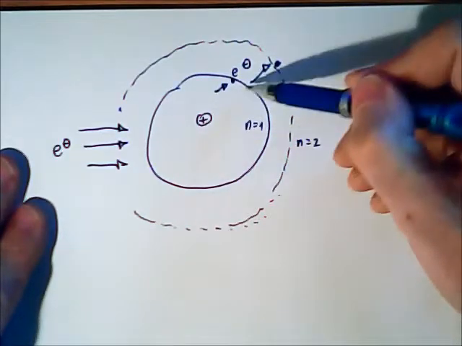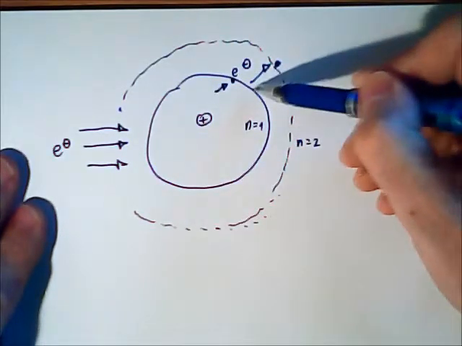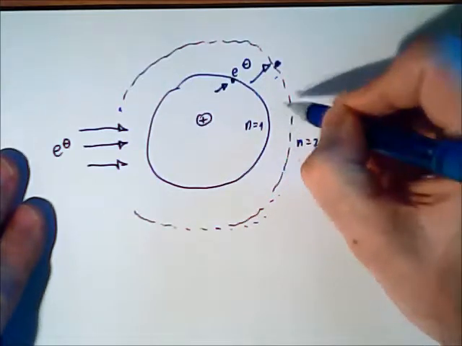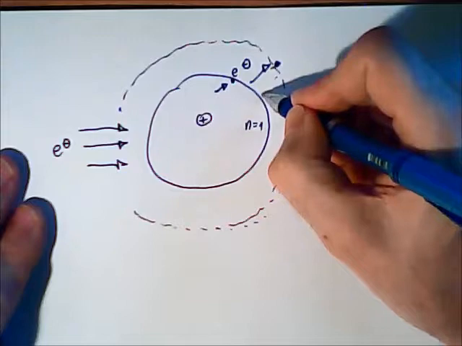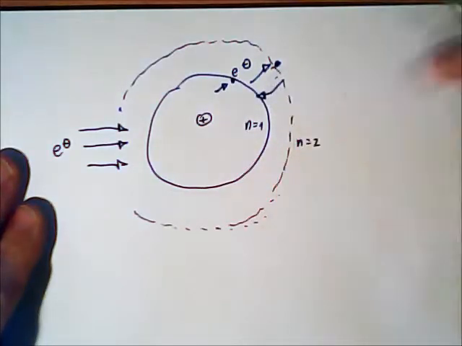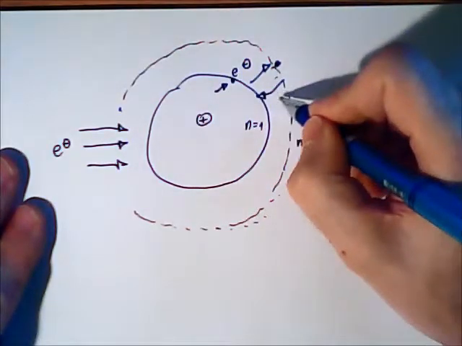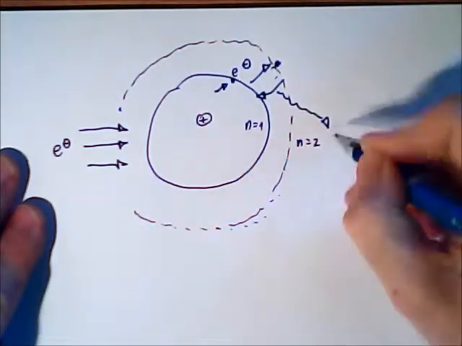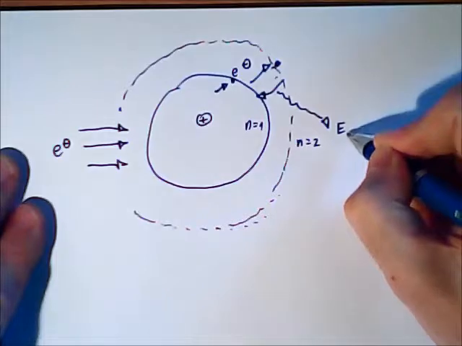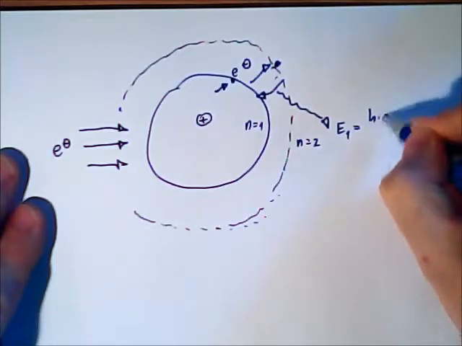That means it absorbs energy that corresponds to the energy difference between these two orbits, and soon after that the electron will go back to its original position, and when it goes back it will emit light with a certain energy.